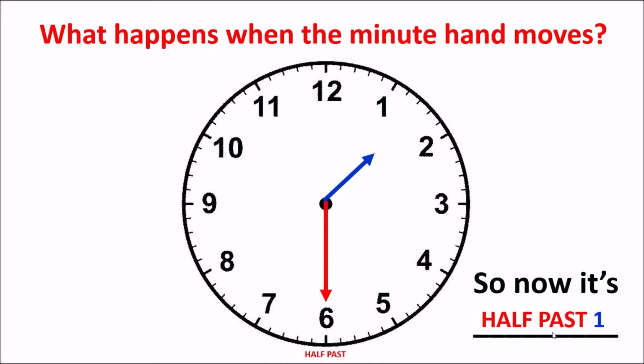But an easy way is half past 1 because it just passed the 1. It's not yet at the 2. It's still in the middle of the 1 and the 2. And the minutes are 30 minutes, half past 1.